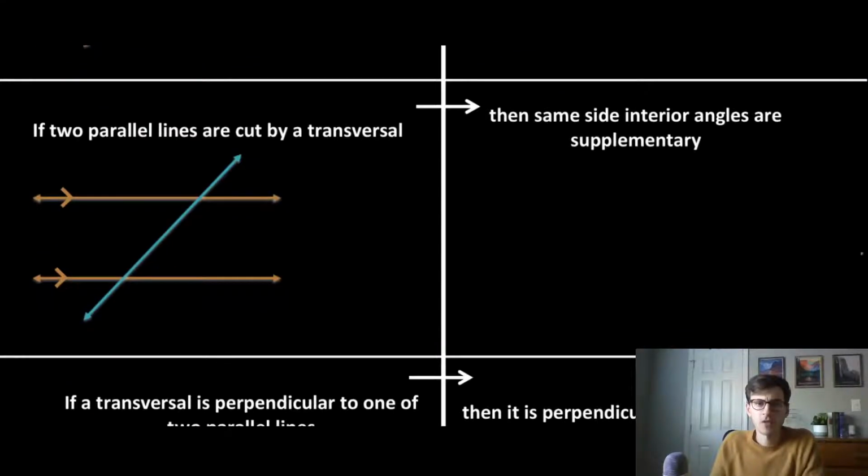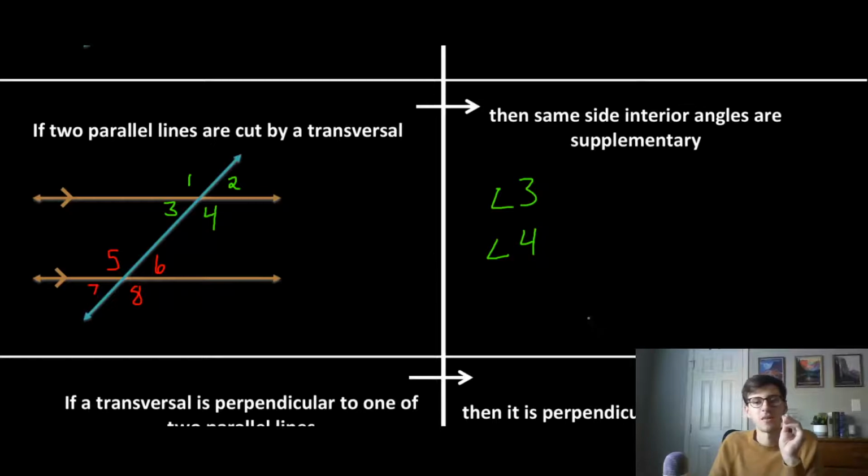Well, if two parallel lines are cut by a transversal, then the same side interior angles are supplementary. So I'm just going to keep labeling all these angles, even though we might not use all of them. So now I have same side interior angles. Well, earlier we said interior angles are angle 3 and angle 4, and then angle 5 and angle 6.